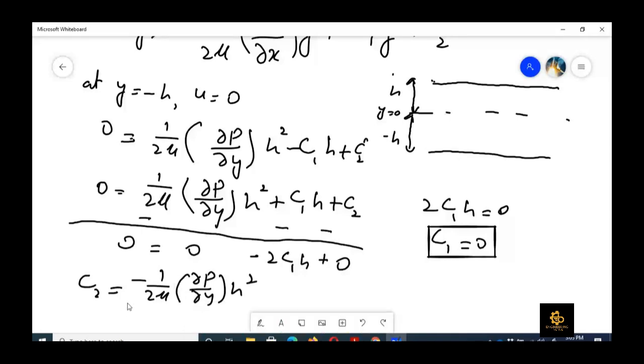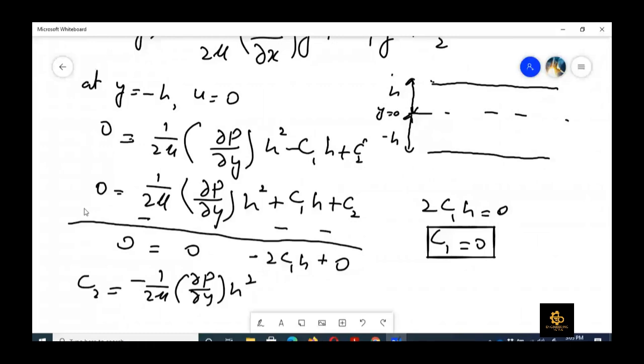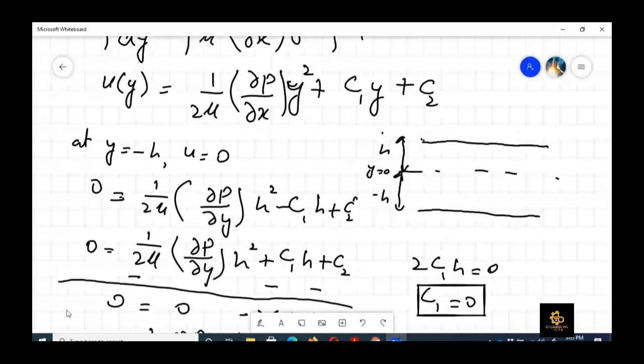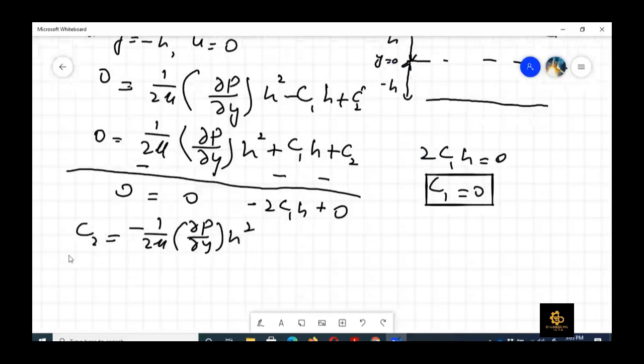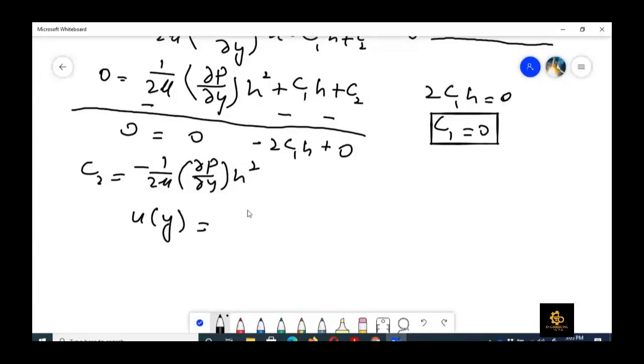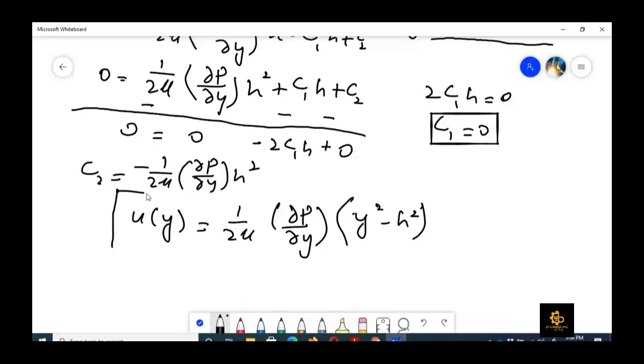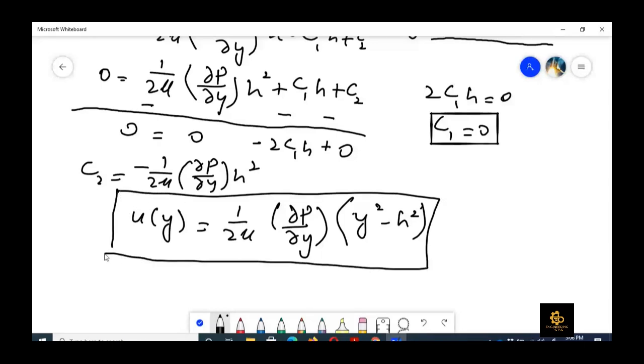If we put this value in the governing equation, we can easily show that u is equal to 1/2μ ∂p/∂x times (y² minus h²). This is our velocity profile, and we can see that it depends upon the second power of y, so it is a quadratic equation, right?